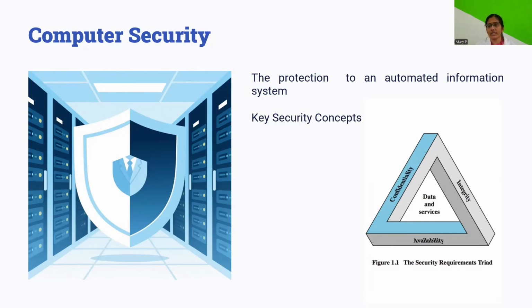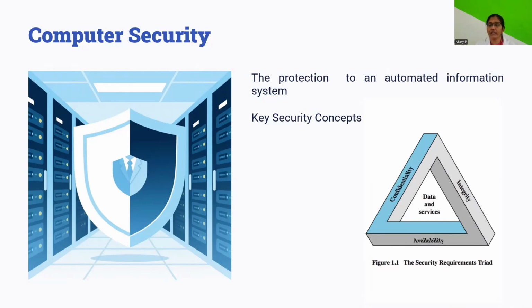What do you mean by confidentiality? Confidential means it is a secret. So how do we send the information securely from one entity to another entity? That is called confidentiality. Then the second one is integrity. During data transmission, we must ensure that the data cannot be altered.